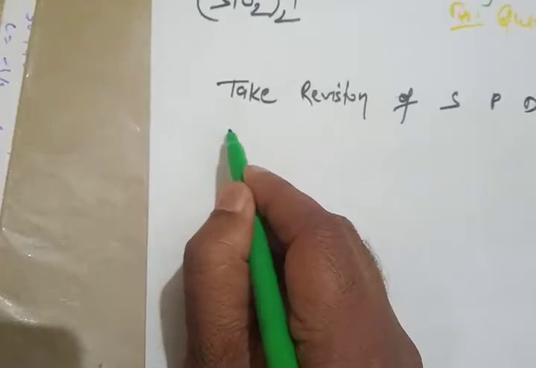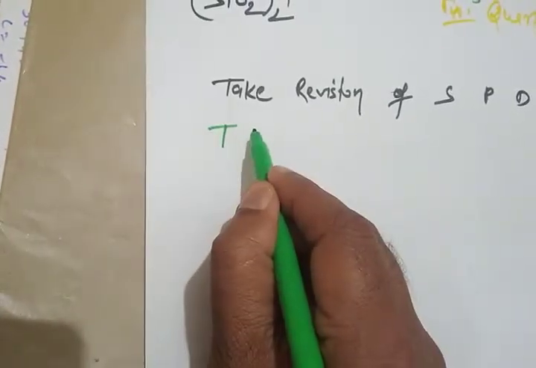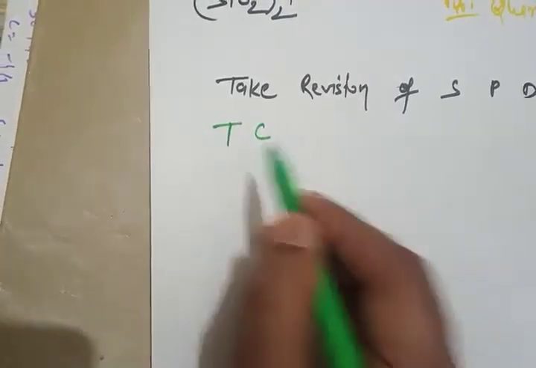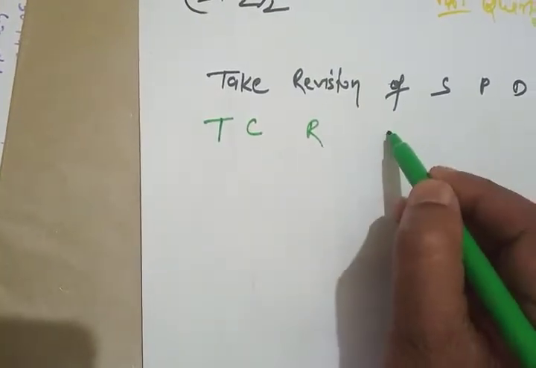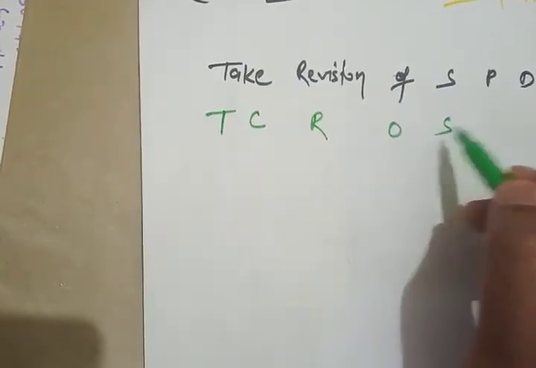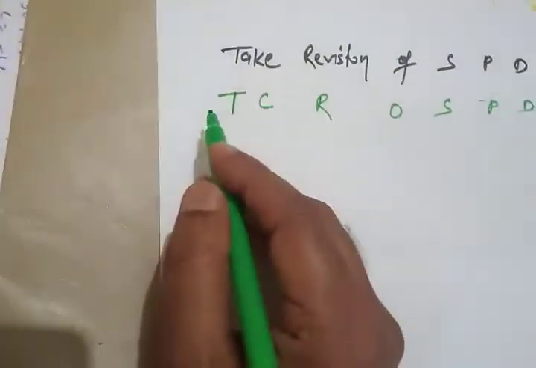Now we take T and C. This is revision, R for revision, O for off, S, P and D as it is. So what does T represent here?